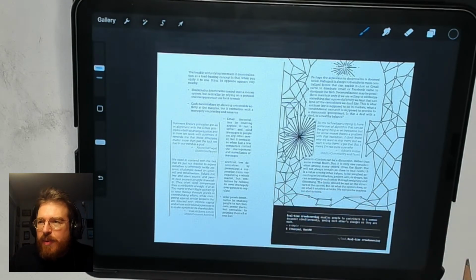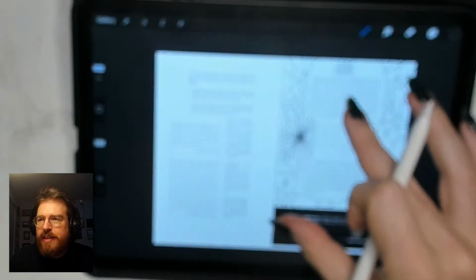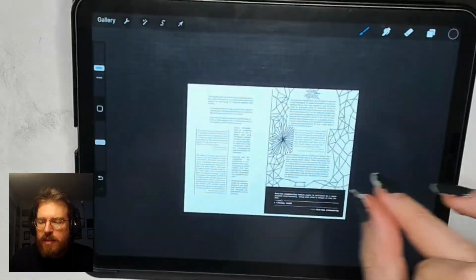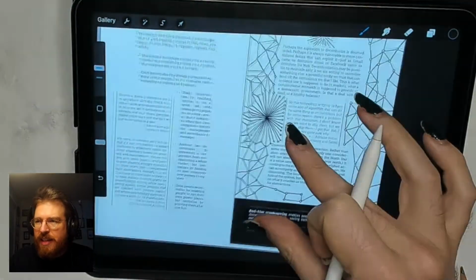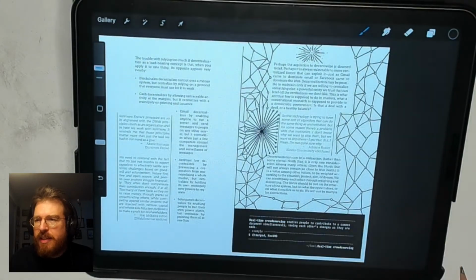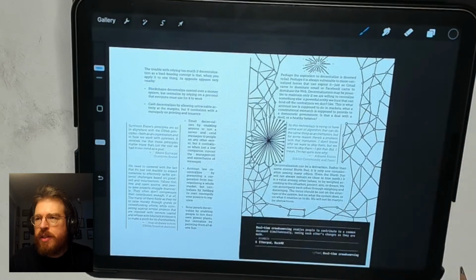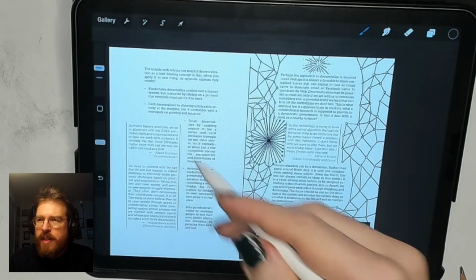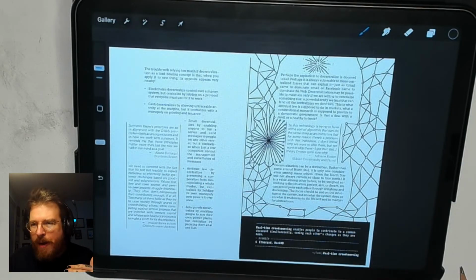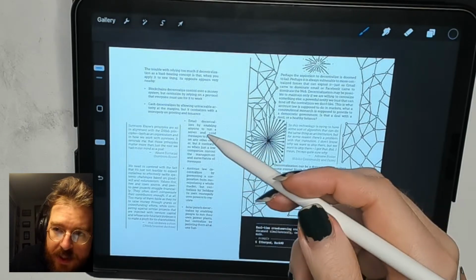So yeah, let's look at the balance. It's kind of nice with these two forms. This one being clean. Each of these points is about decentralization.